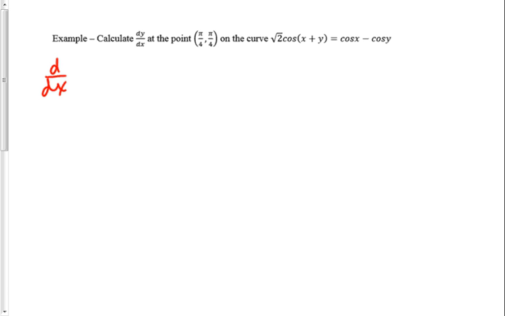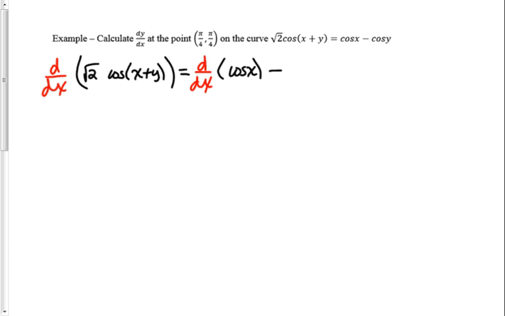The first term is the square root of 2 cosine of x plus y. And then I'm going to take the derivative with respect to x of cosine of x minus the d/dx of cosine of y. So derivative with respect to x of cosine y. Let's go ahead and get started.